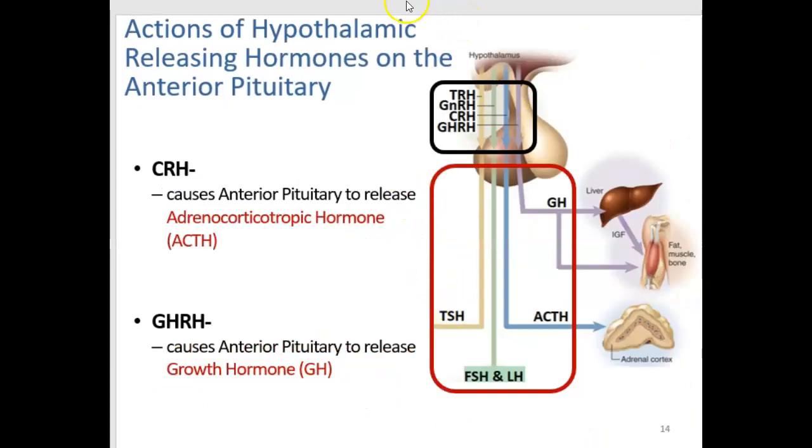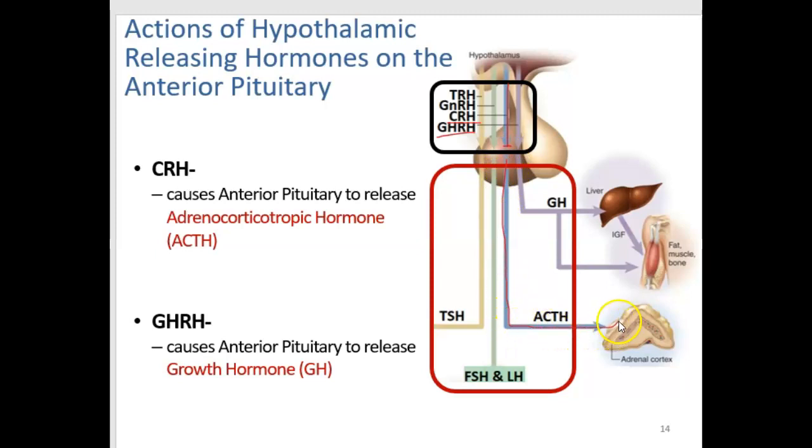Okay, so now the other two hypothalamic hormones are CRH and GHRH. CRH is corticotropin releasing hormone, and it causes the anterior pituitary, shown here in the blue line, to make a tropic hormone to the adrenal cortex.